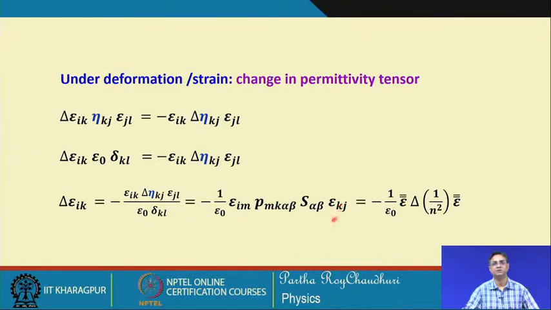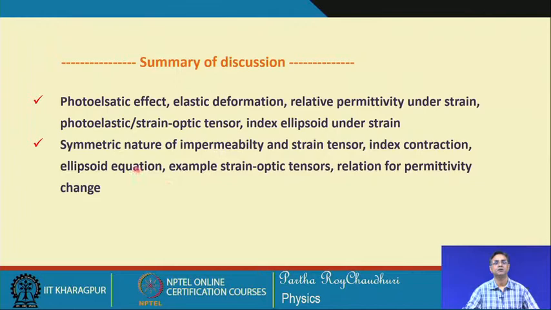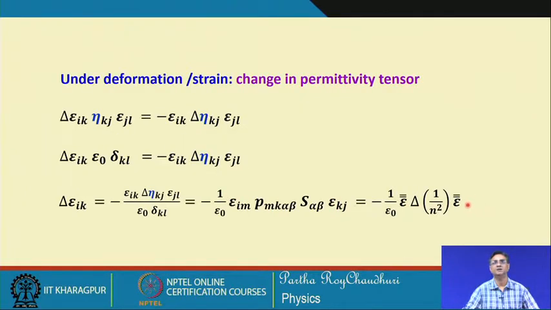So, this is a very useful relation to calculate the change in the permittivity: the change in the permittivity is the change in the impermeability multiplied by the old permittivity tensors.